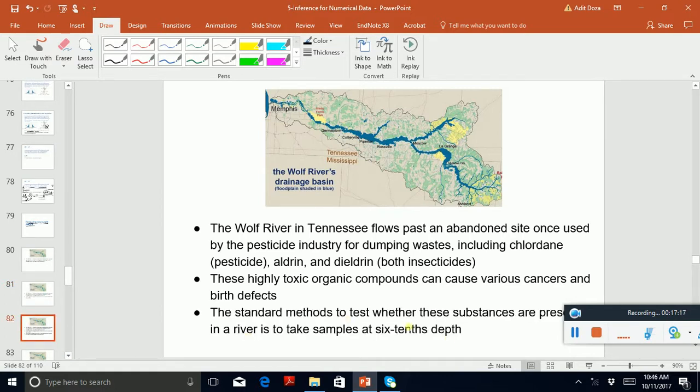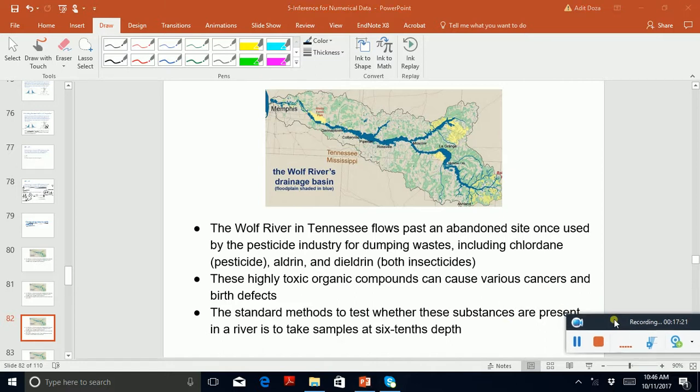The standard method to test whether these substances are present in a river is to take samples at six to ten depths. Okay, so that's how it is tested, whether the substances are present or not.